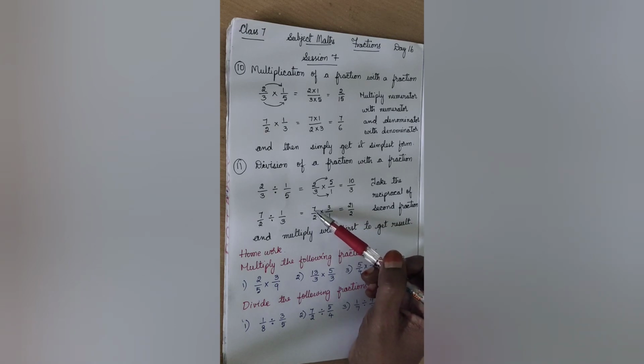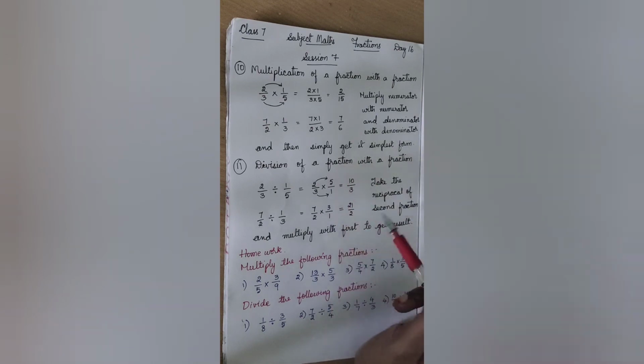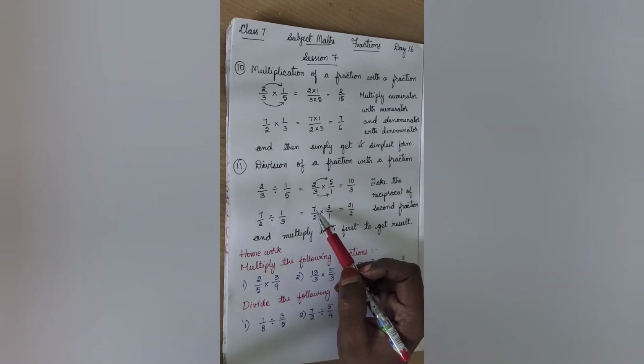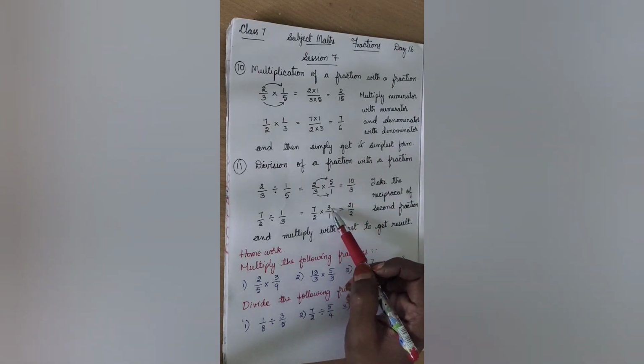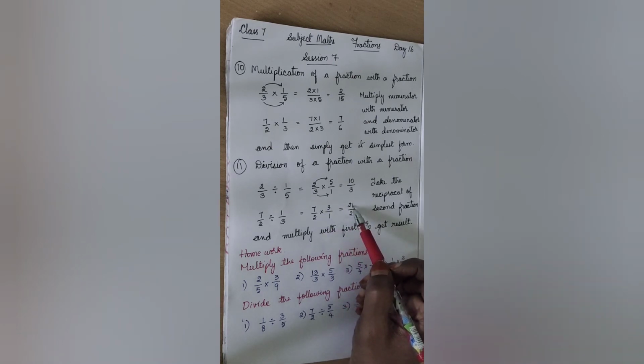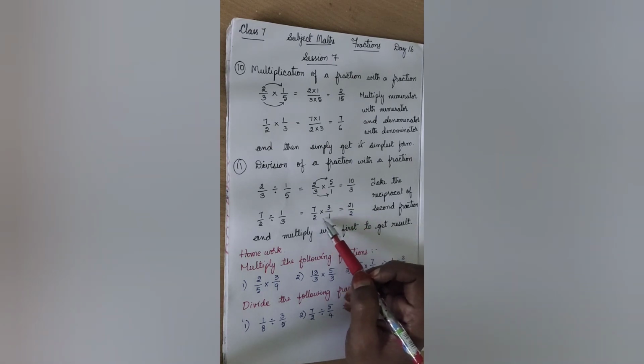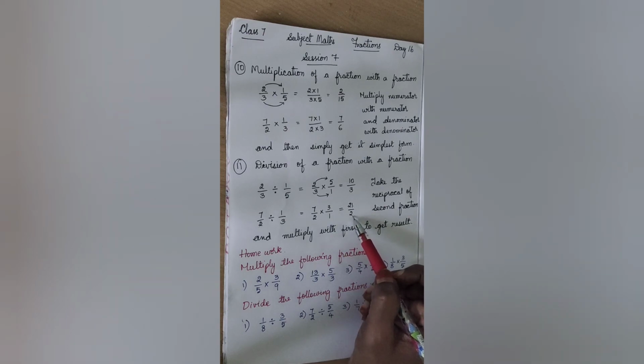Then multiply both the fractions. We have learned how to multiply fractions. So what are the numerators here? 7 3s are 21. And denominators, 2 1s are 2.